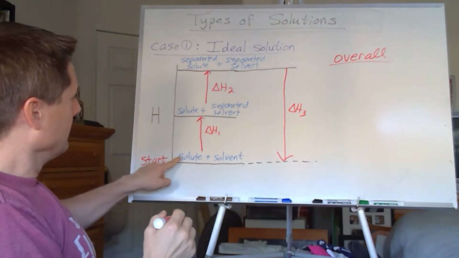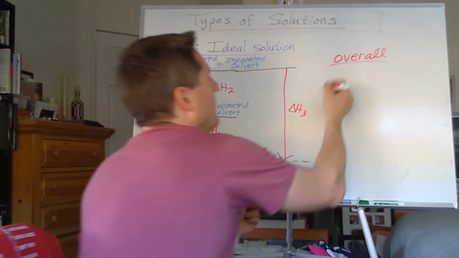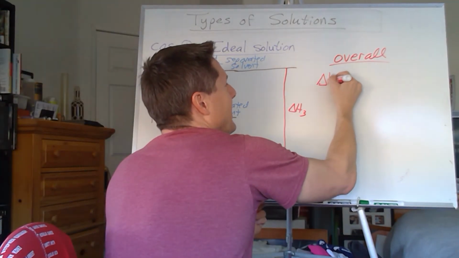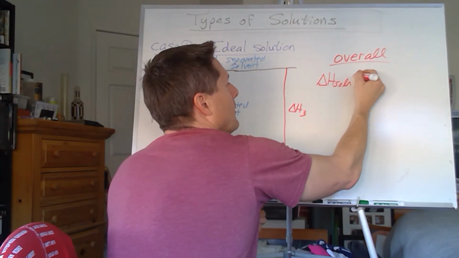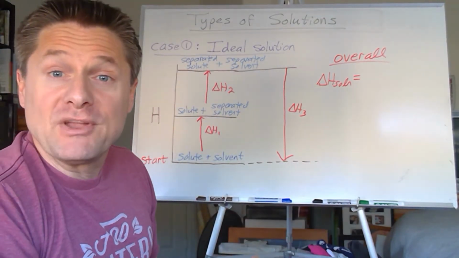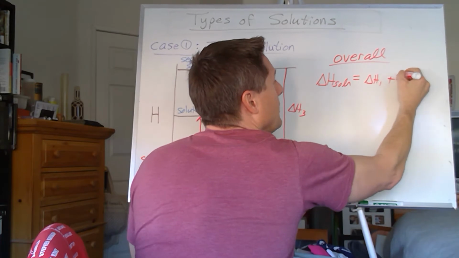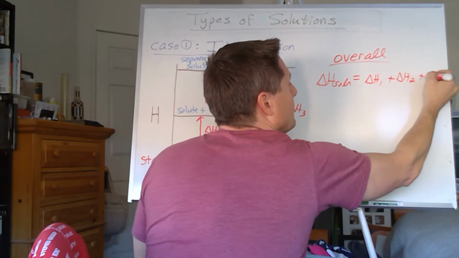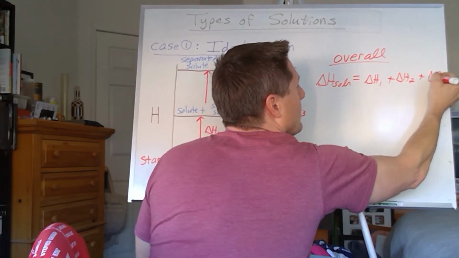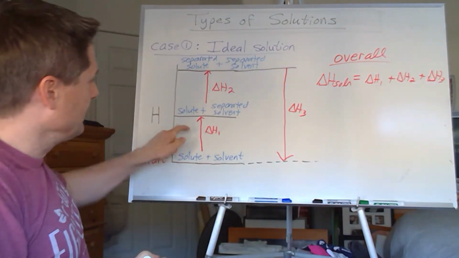Hess's law says we can just add these all together. We'll call that delta H solution, the overall enthalpy change of forming the solution. That would be just delta H1 plus delta H2 plus delta H3.